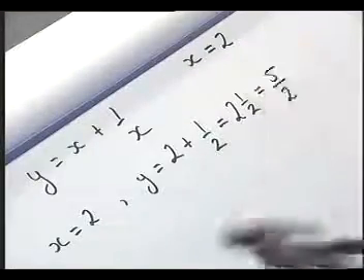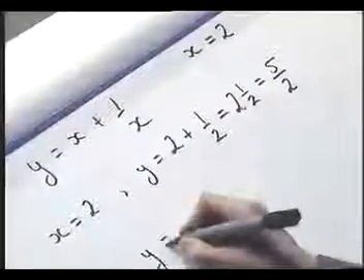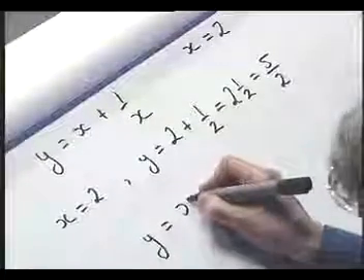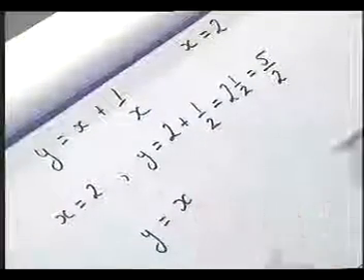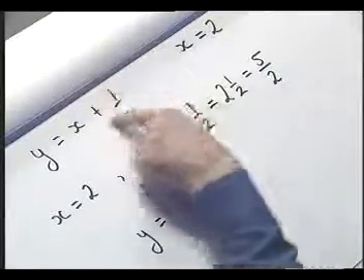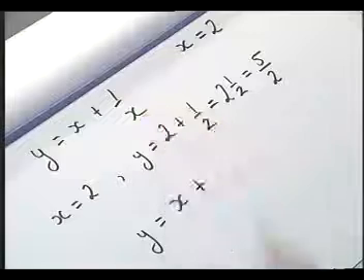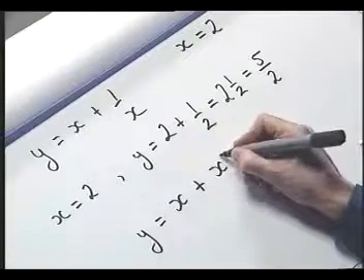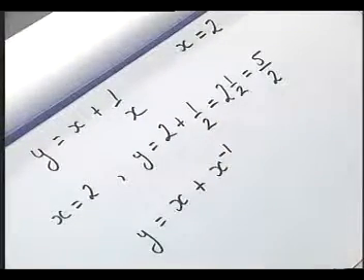OK, next, we want the gradient at this point x equals 2. So let me write down the equation of the curve, y equals x plus, and in order to differentiate, I'm going to write 1 over x as x to the power -1.